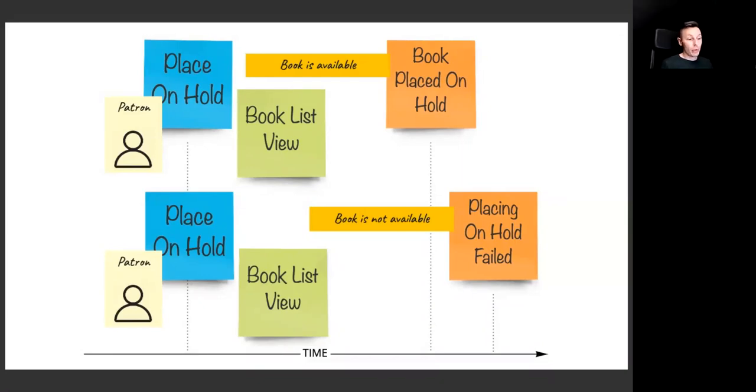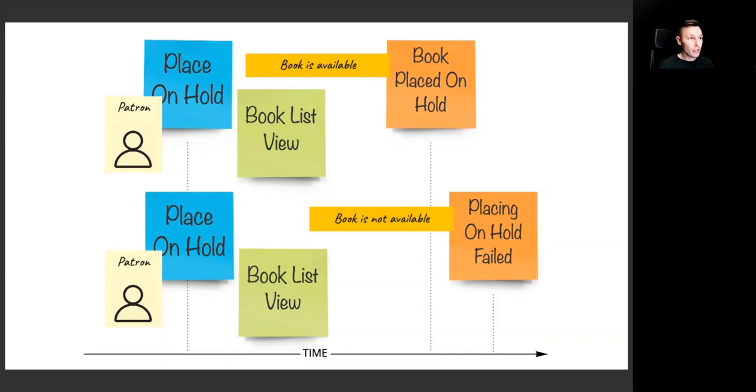For the sake of simplicity, let's assume that each book can be in one of two possible states. The first state is available, and the second one is placed on hold, reserved in other words. Now, a book can be placed on hold by a patron only if it exists in the library and if it's currently available. This is how it could be modeled during the event storming session.